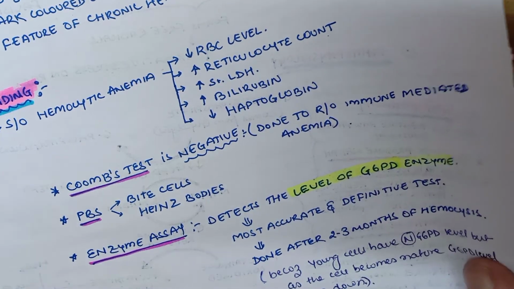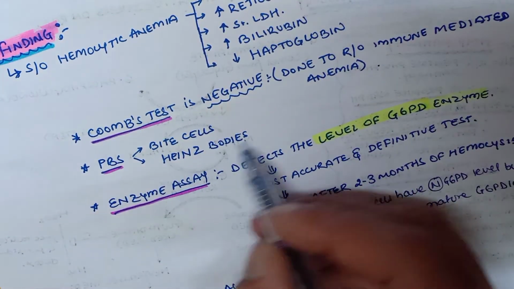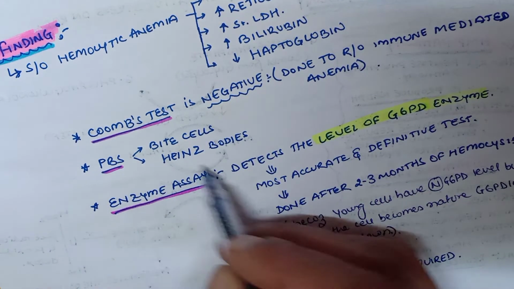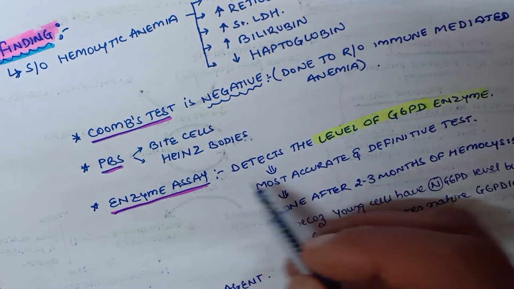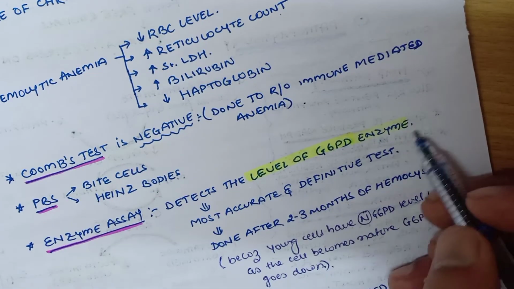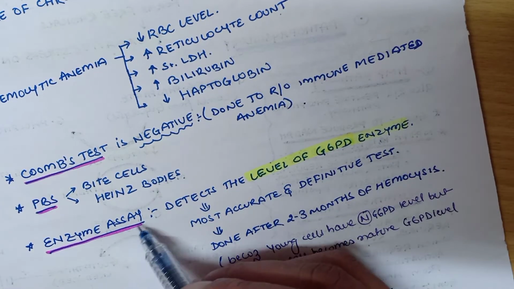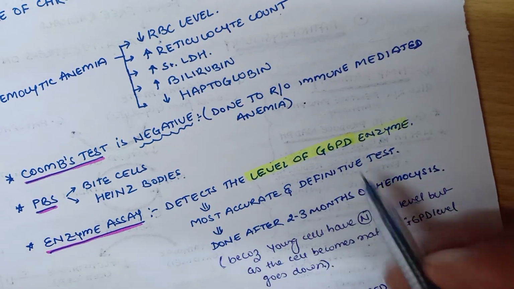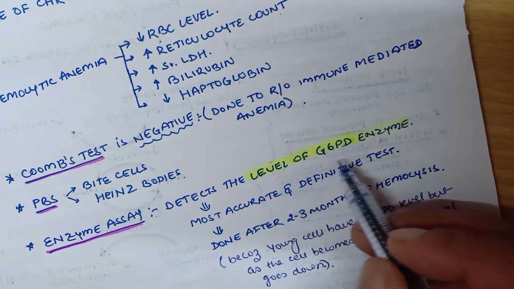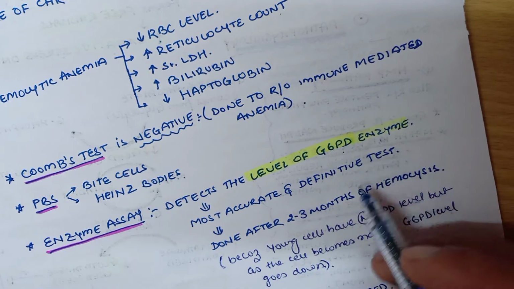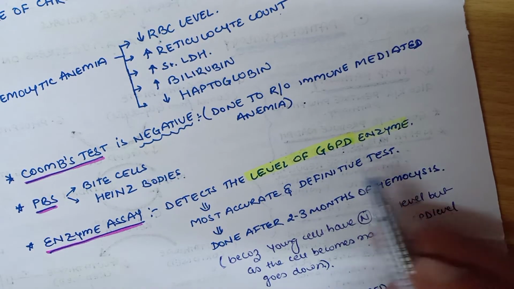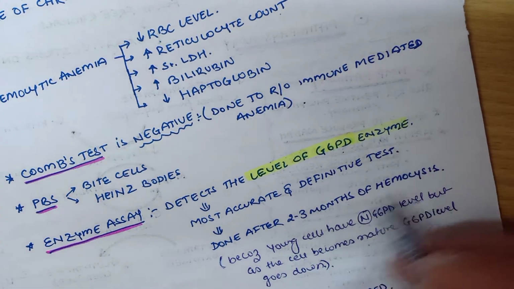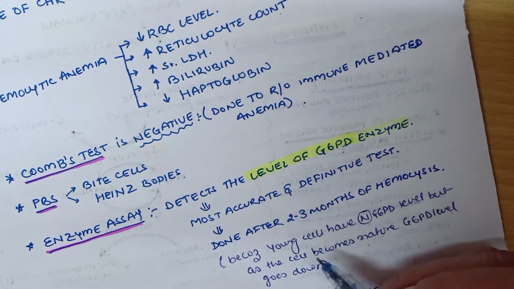In peripheral blood smear, you will see bite cells and Heinz bodies, and enzyme assay will detect the level of G6PD enzyme.